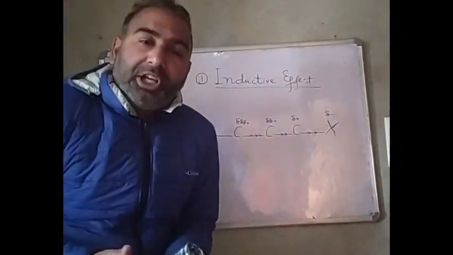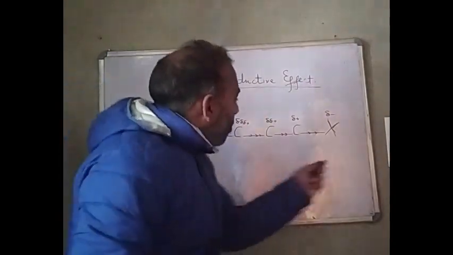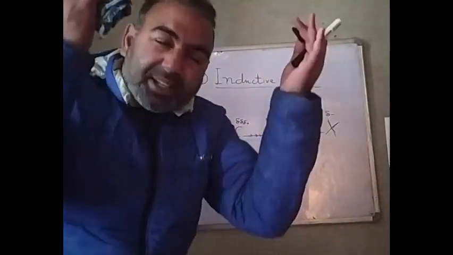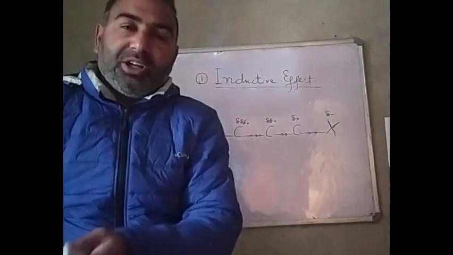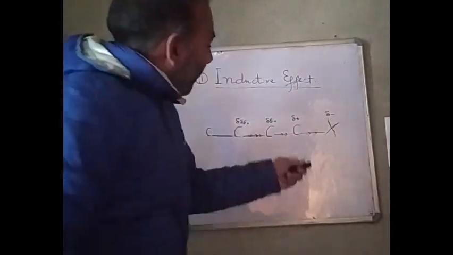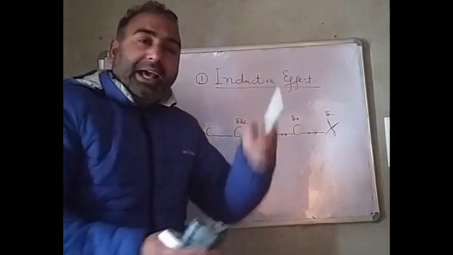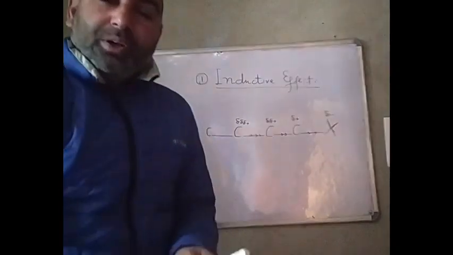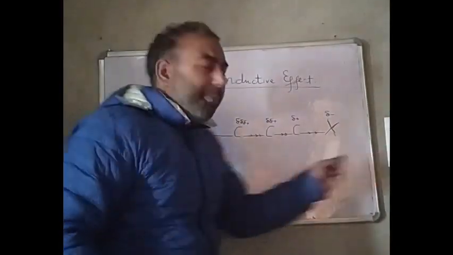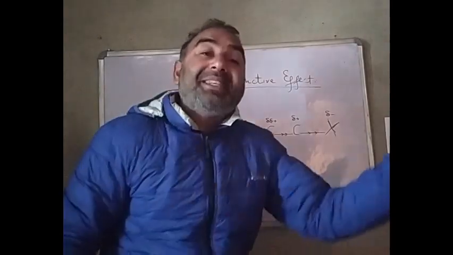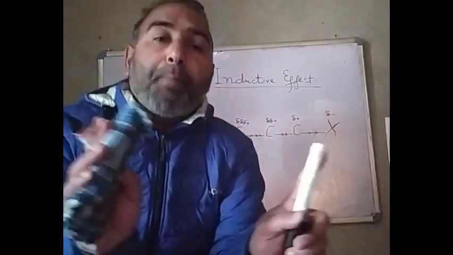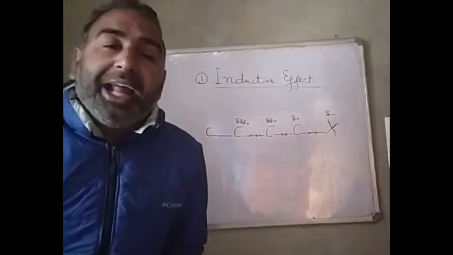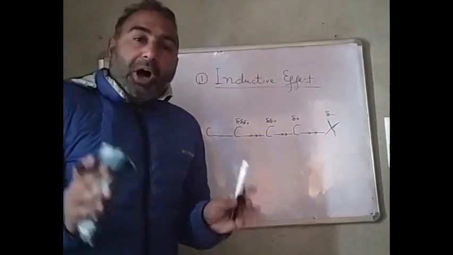So what happens actually is that sigma electron density, sigma bonds, get displaced along the carbon chain. Why? Because at the end of the chain there is an element which is more electronegative. Got it? Good. So this displacement of sigma electrons, I am not talking of pi electrons, I am talking of sigma electrons only, we call it inductive effect.